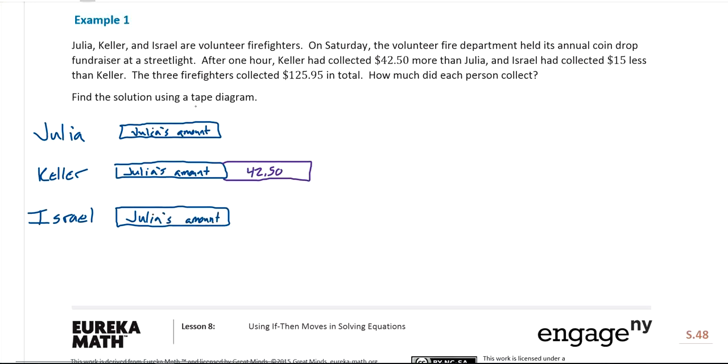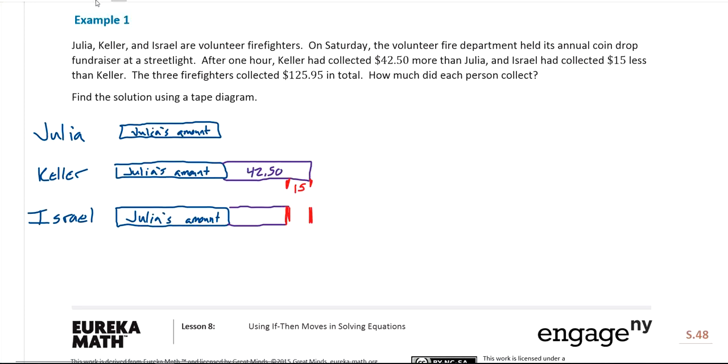And now Israel's amount is not going to be this full $42.50. It's going to be a little less than that. We don't know exactly how long this is right now, but we do know that the amount that's missing from Israel's amount that is in the amount Keller collected is 15.